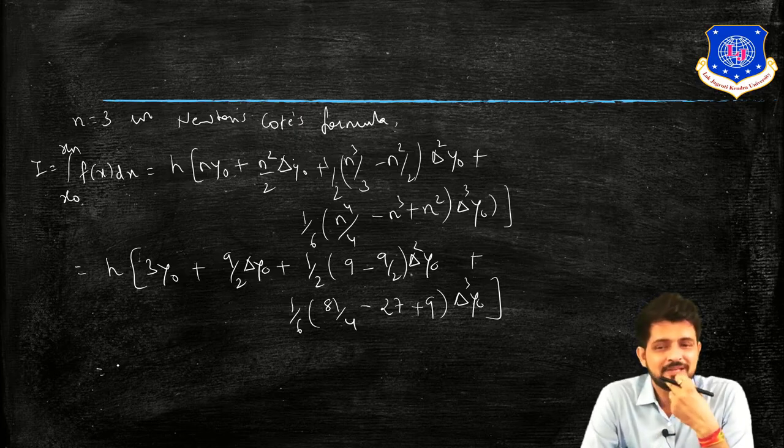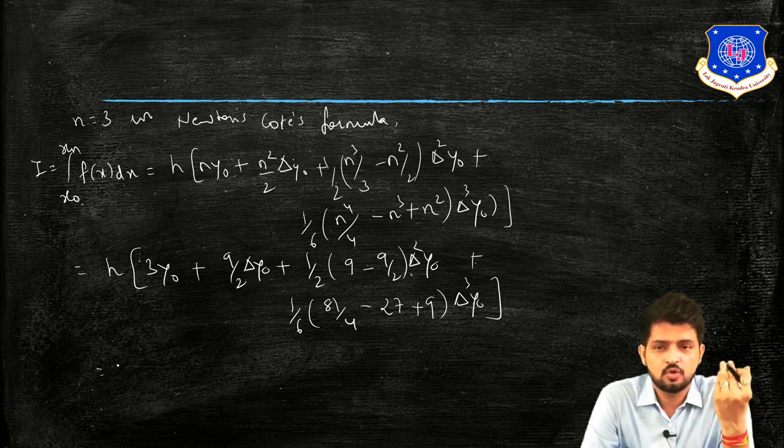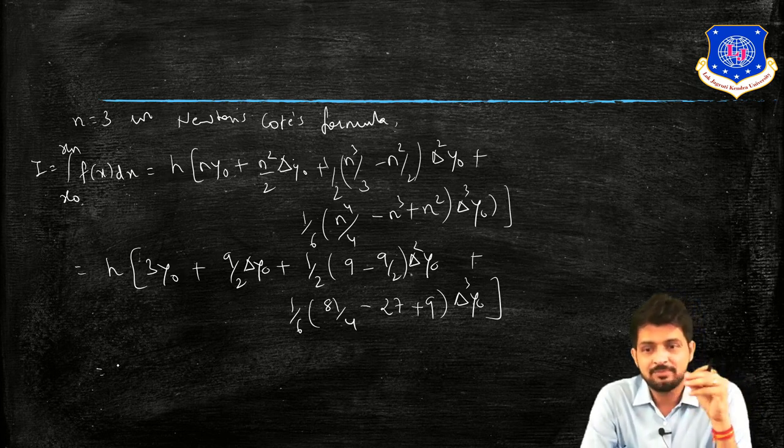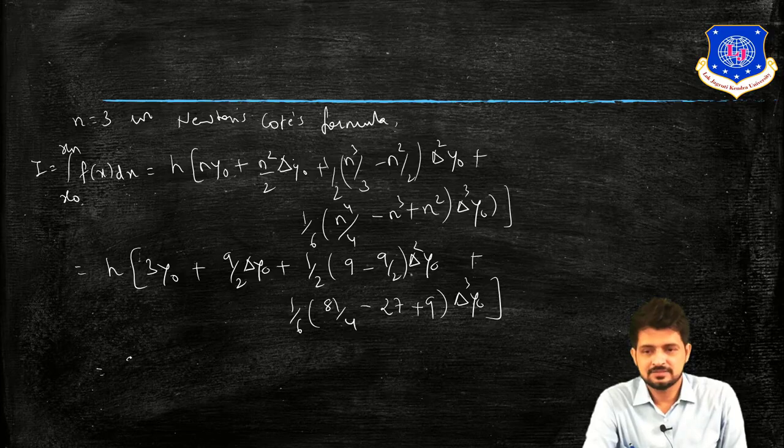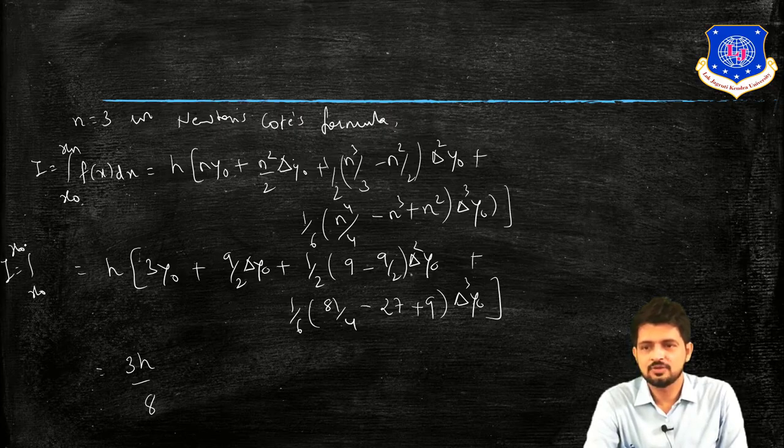By using the different formulas of del y0, del square y0, I am not solving the whole expression, I am directly writing the answer of the first integral. Here I am taking the first integral from x0 to x0 plus 3h. So the value of the first integral will be 3h by 8.